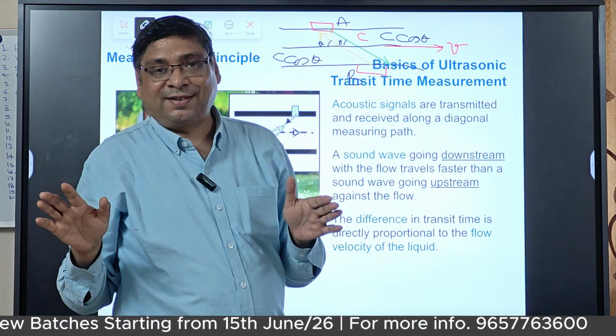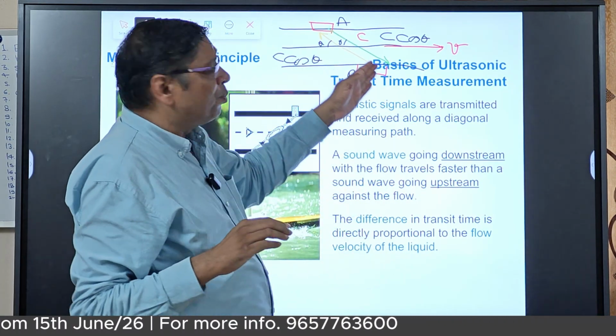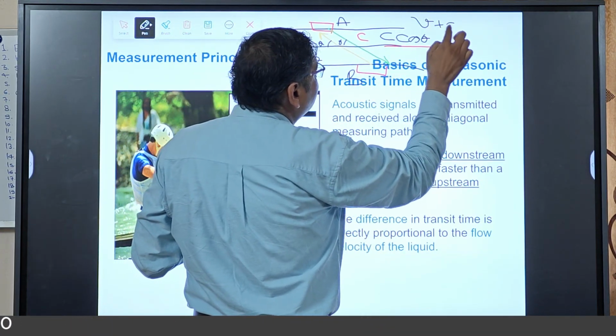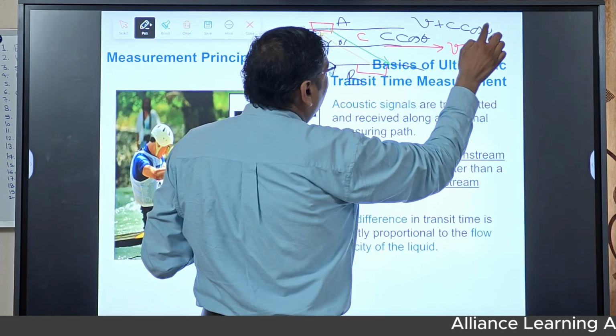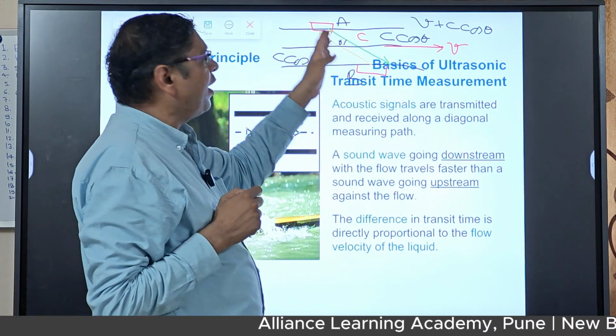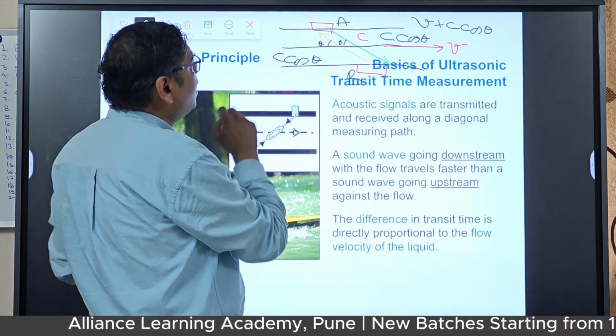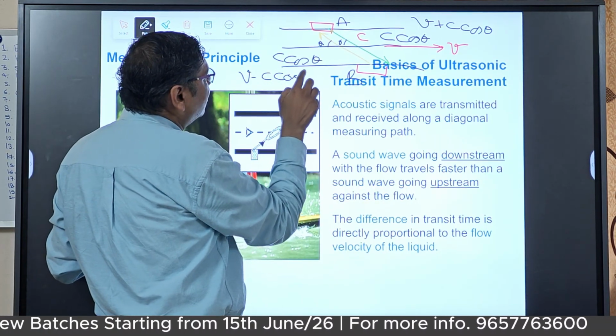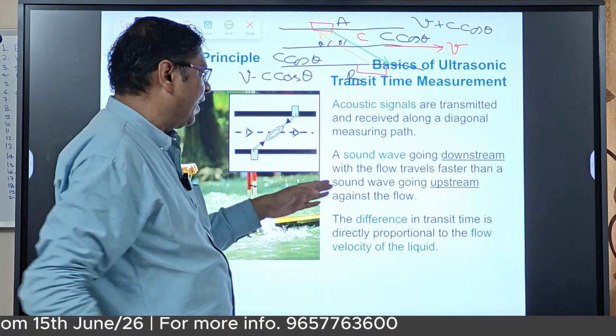But there is a difference. When A is talking to B, it is V plus C cos theta, and when B is talking to A, it is V minus C cos theta. Same is written over here.